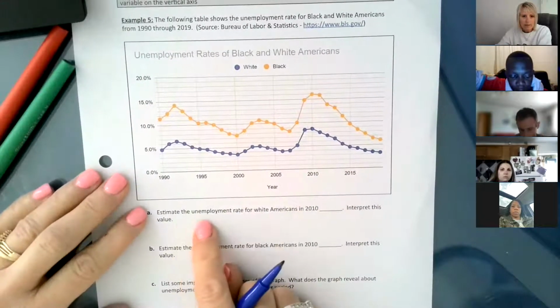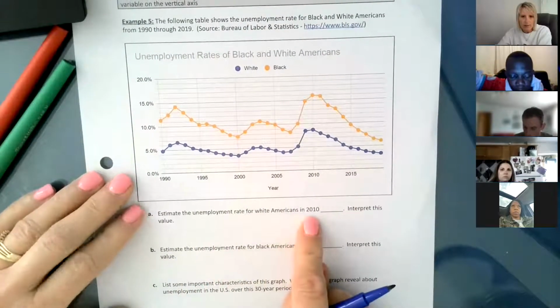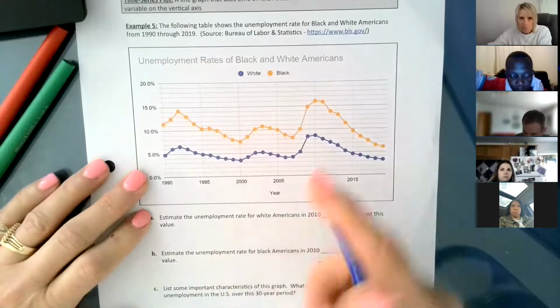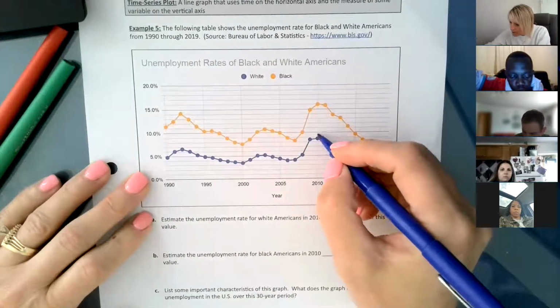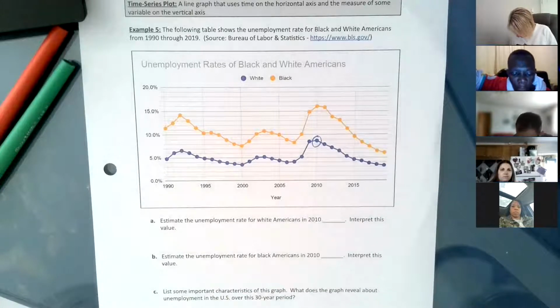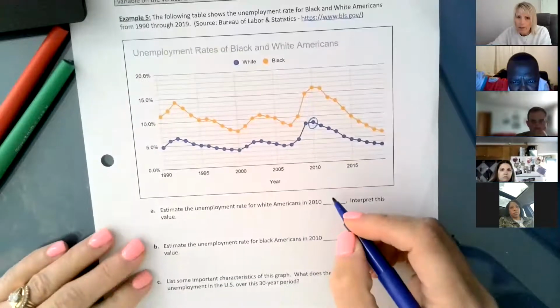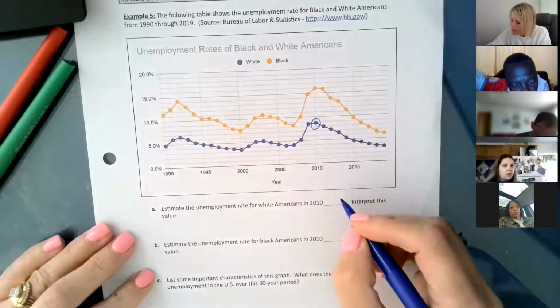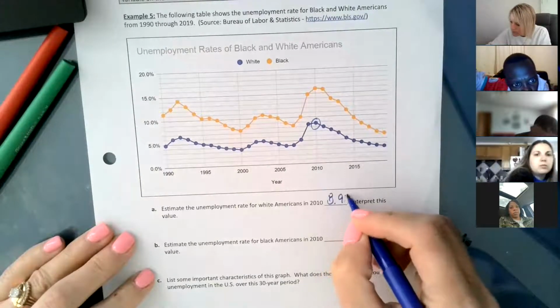And it says, estimate the unemployment rate for white Americans in 2010. And so that would be about right here. And I would estimate that at about maybe 9.1. So 6, 7, 8. Yeah. Oh, 8.9. I think in my graph, in the class, I probably said 9.1, but I'd really say it's about 8.9%.